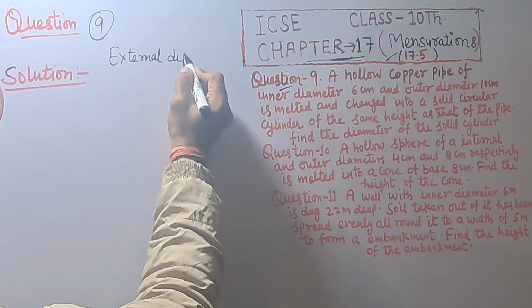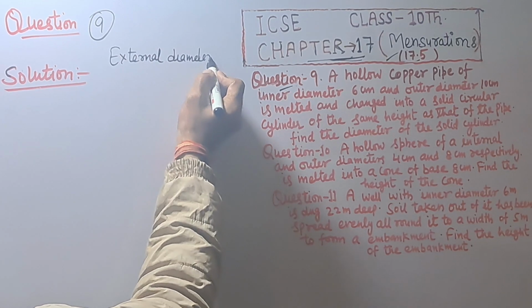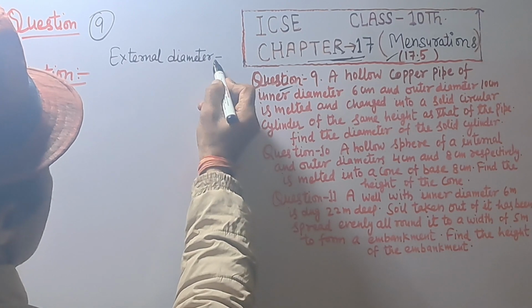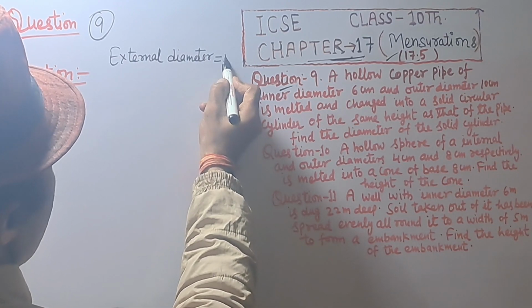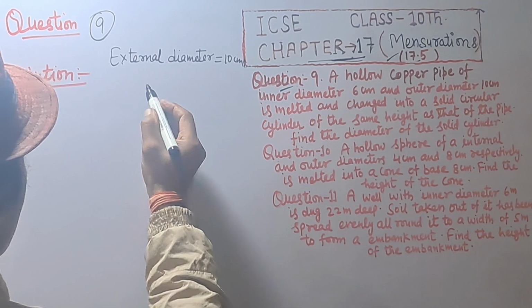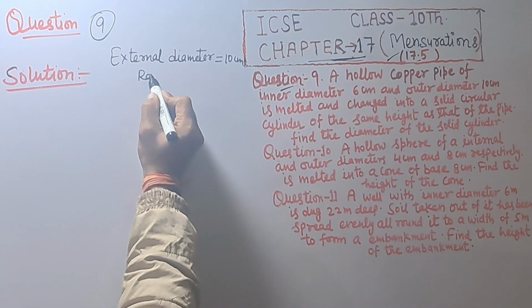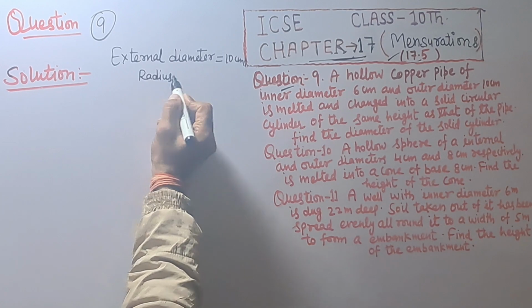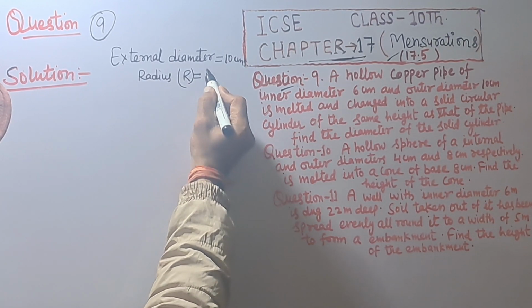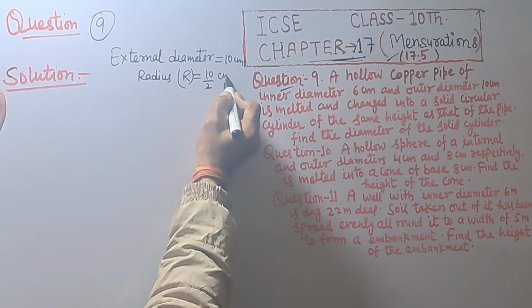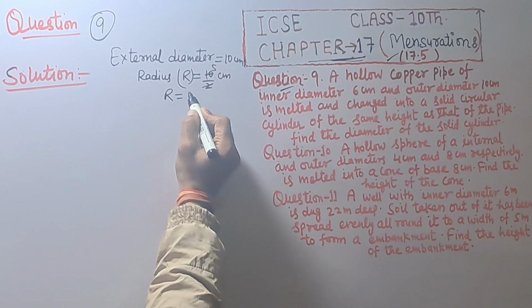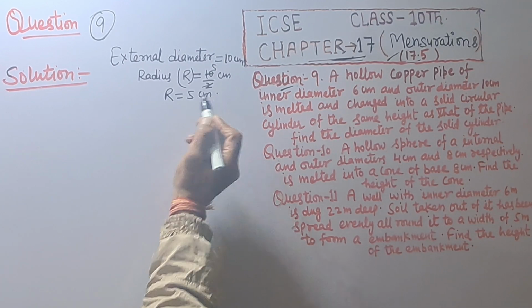External diameter is equal to 10 centimeter. Radius, that is capital R, equal to 10/2 centimeter. So R is equal to 5 centimeter.